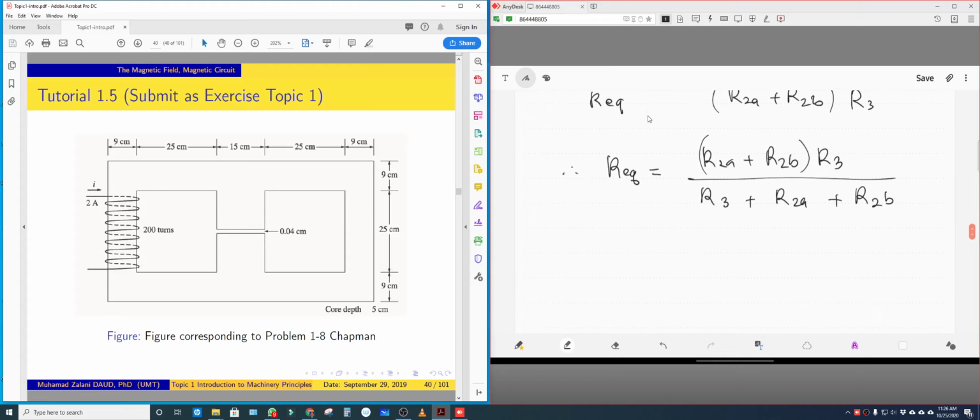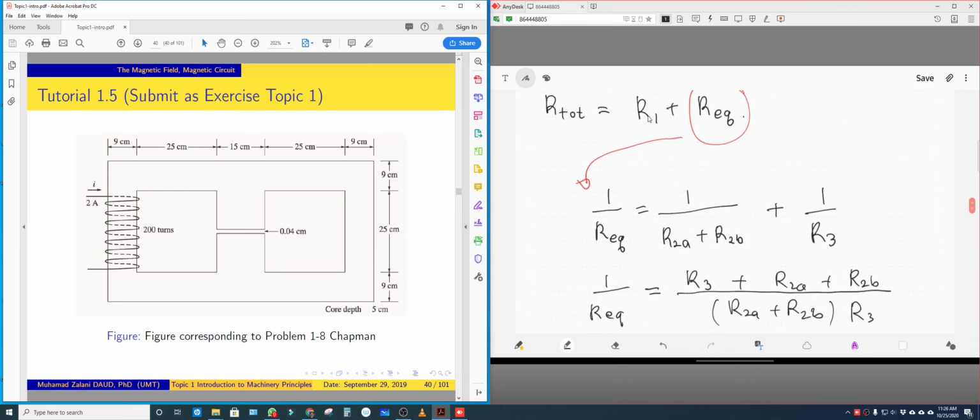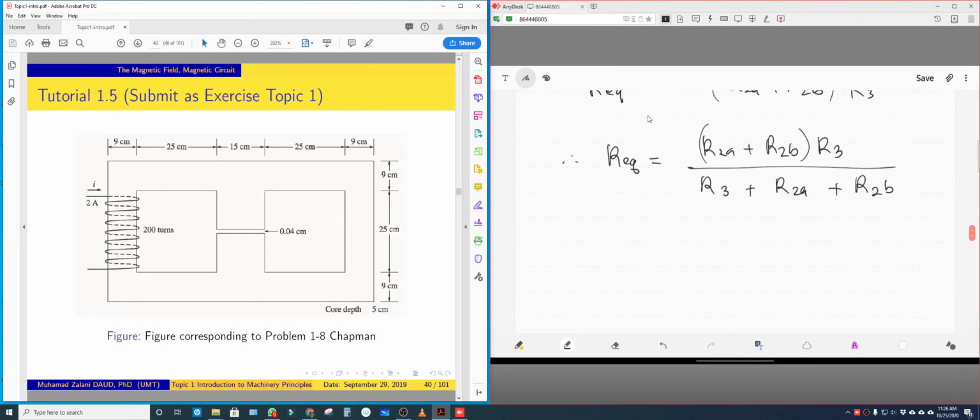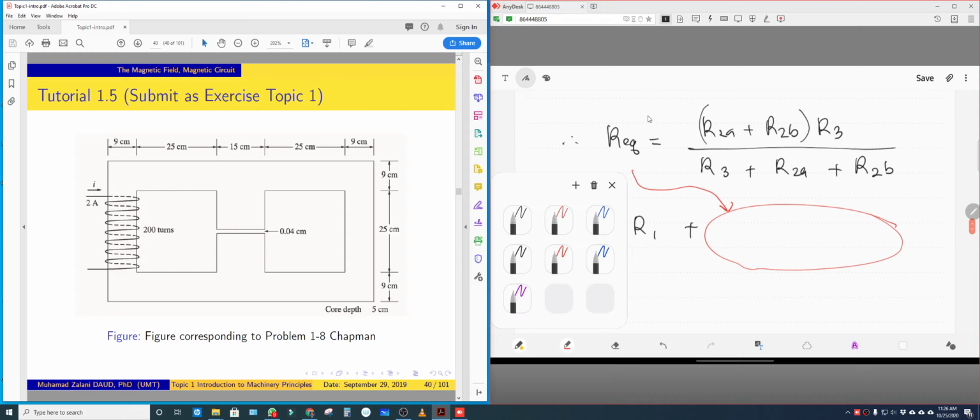So now we already have the REQ, then we can sum up again to find R total. Is R1 plus REQ. Okay, REQ ni daripada sana tadi. Masukkan REQ dalam ni. So ganti saja.